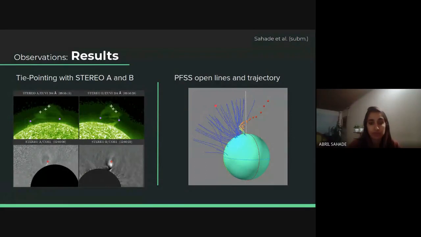And we afterwards reconstruct the trajectory and the open magnetic field lines, and we saw that effectively the prominence goes towards the coronal hole and after goes in the opposite direction.